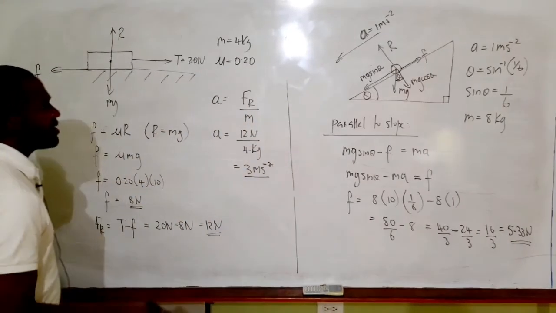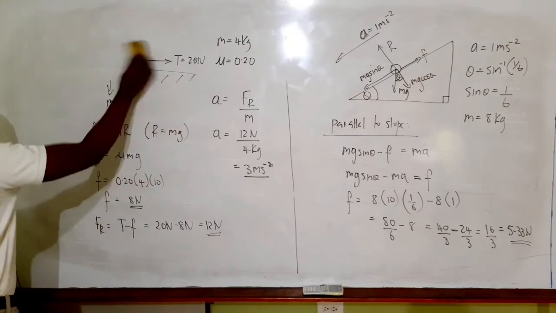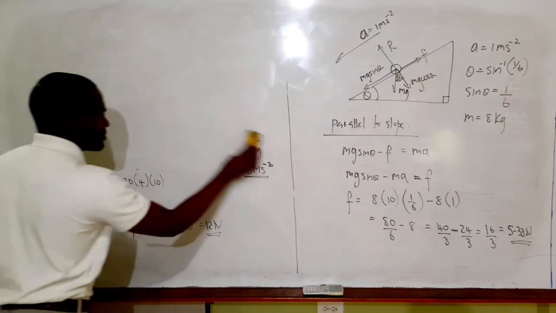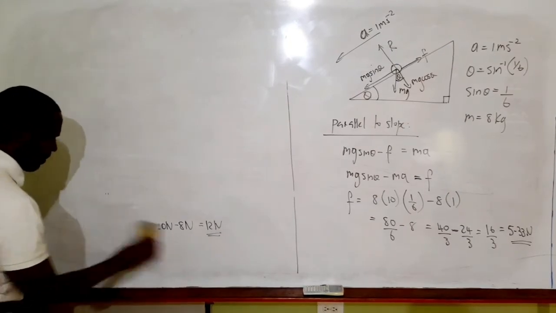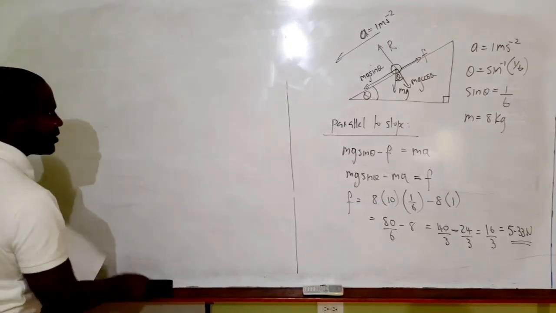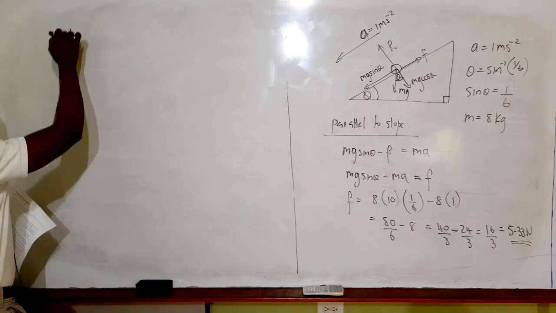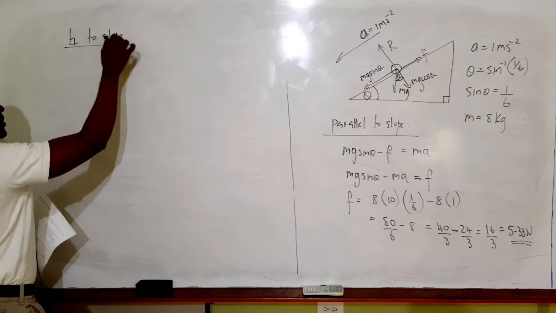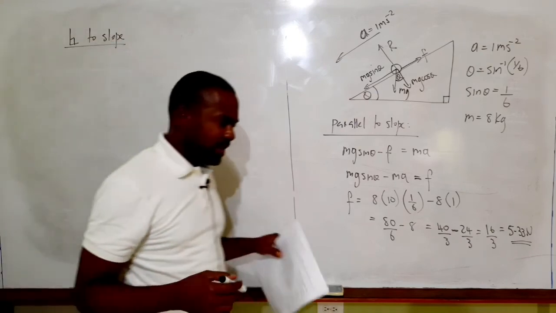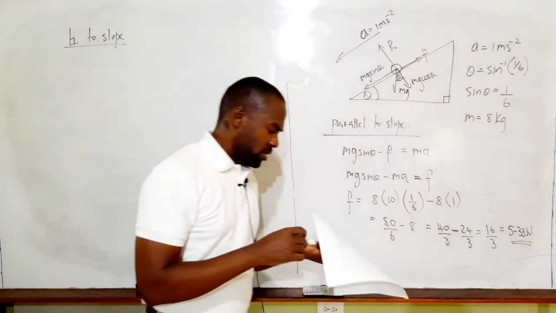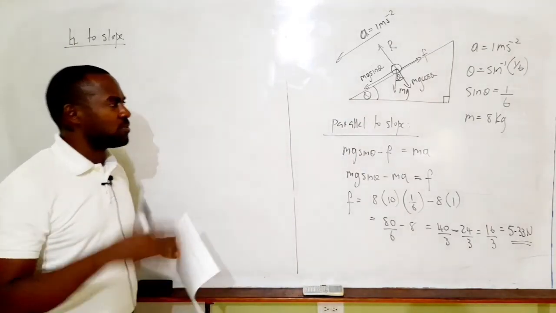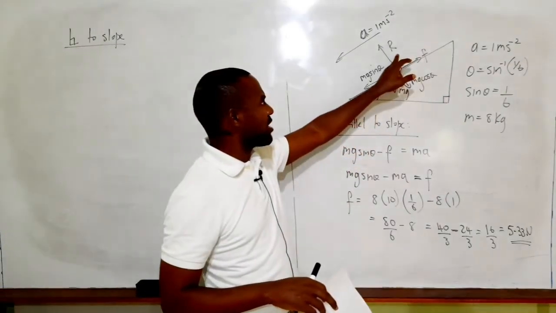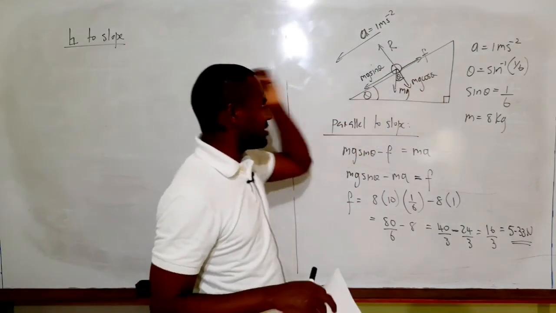Now we'll proceed to examine the direction perpendicular to the slope. So perpendicular to the slope. Now, because we're not told of any motion perpendicular to the slope, then basically what we must do is assume that the forces are in equilibrium in that direction, and therefore the normal reaction R is equal to mg cos theta, right?